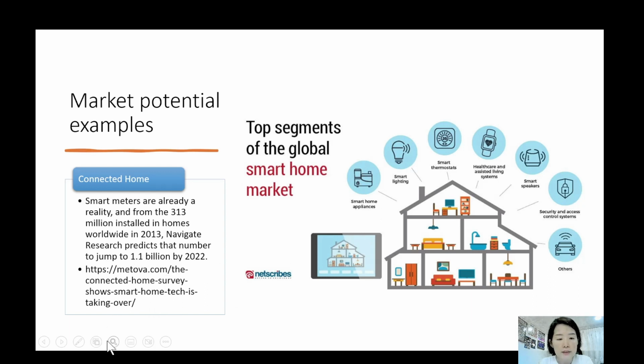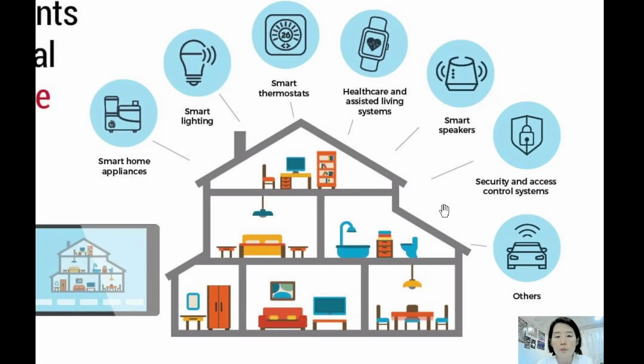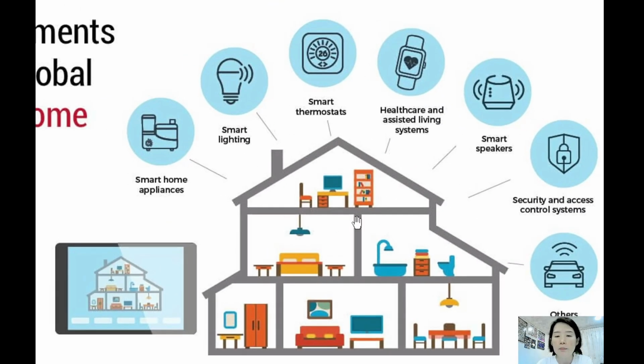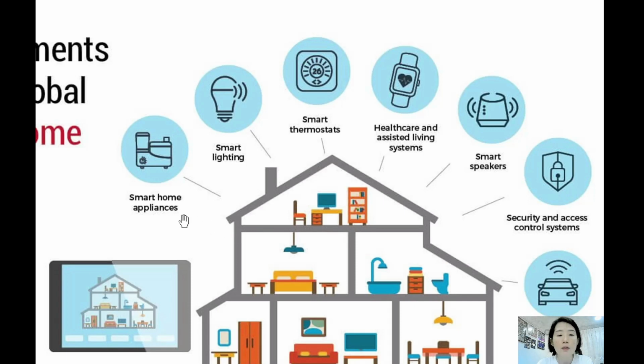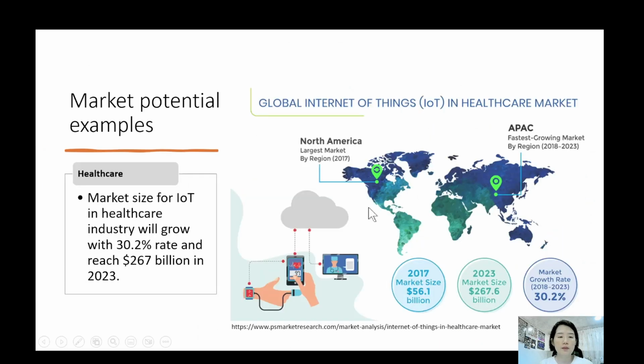These are some examples of the smart home that you can implement. Smart home appliances, smart lighting, smart thermostats, healthcare and assisted living systems, smart speakers, security and access control systems, and others.